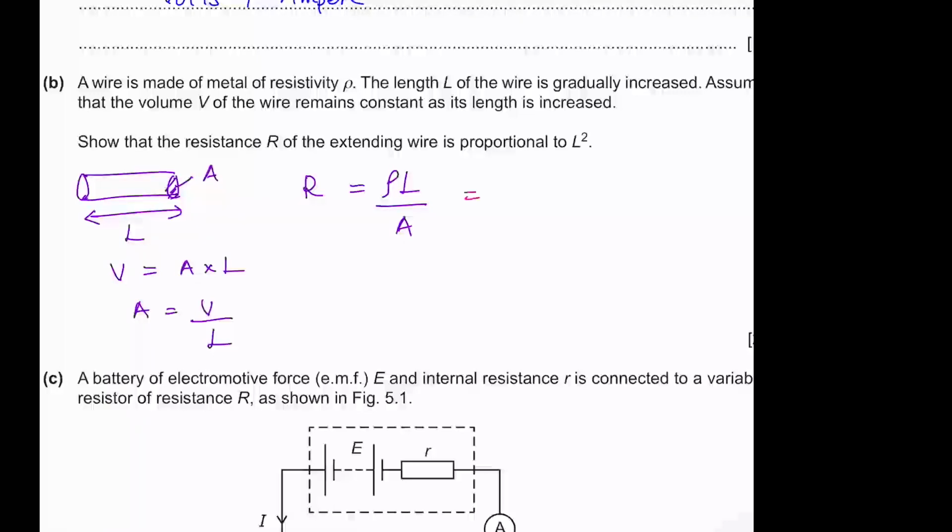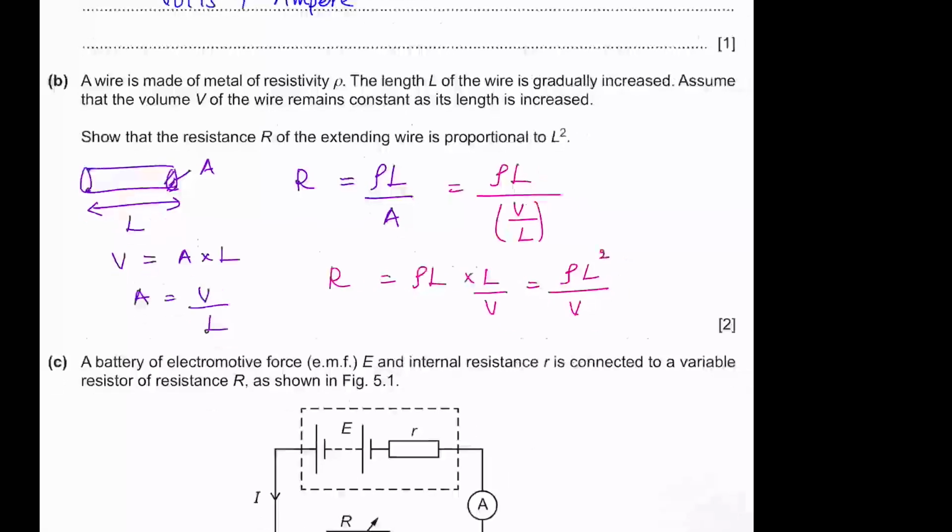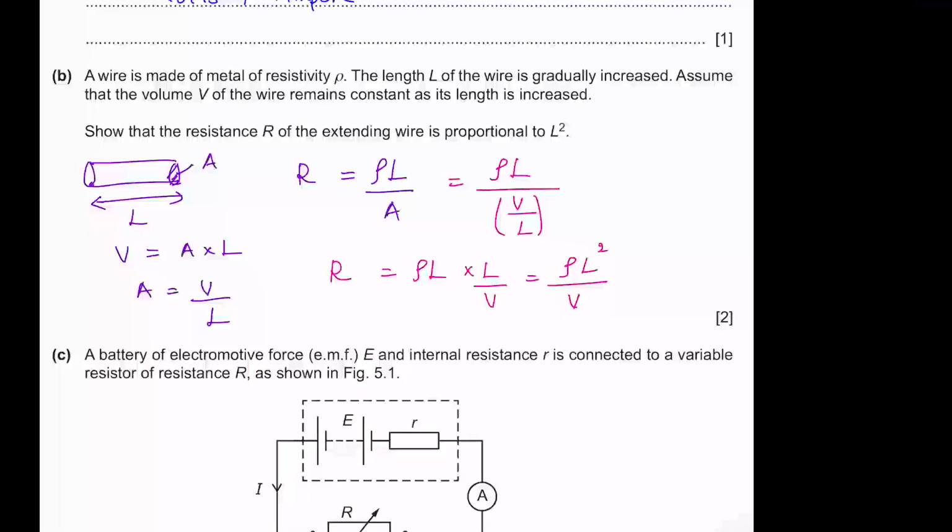I can replace this rho L over A. The A I will replace with V over L. So R equals rho L divided by V over L, which becomes multiplied by L over V, which is rho L square over V. That is the resistance in terms of length, resistivity and volume.